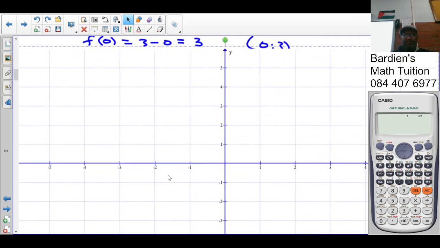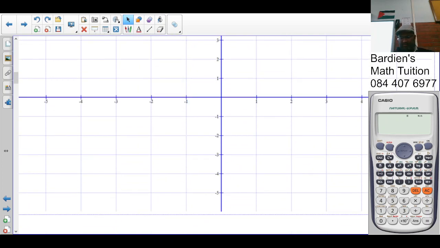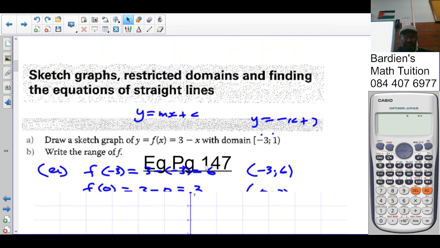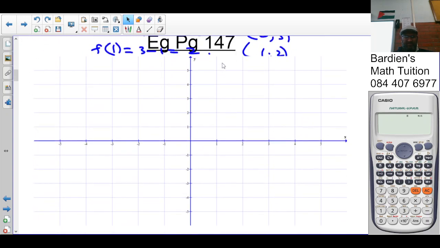So if I take those points into account, the first quadrant was -3 and 6, which is there. -3 and 6, and then I chose 0 and -3 and 1 and 2.